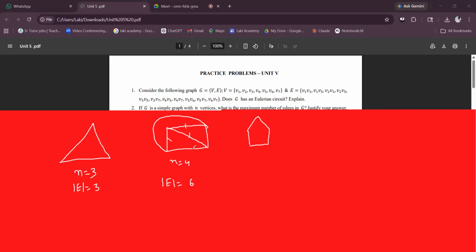See, 1, 2, 3, 4, 5, and 1 is 6. This is the same as this; you can connect in this way or in this way. If you connect like this, it becomes parallel edges. And in a simple graph, there are no parallel edges, right?